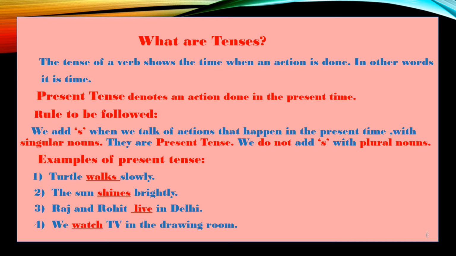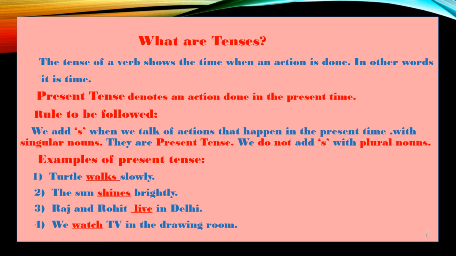That is present time. And the rule to be followed in the present tense is we add s when we talk of actions that happen in the present time with singular nouns. We do not add s with plural nouns.